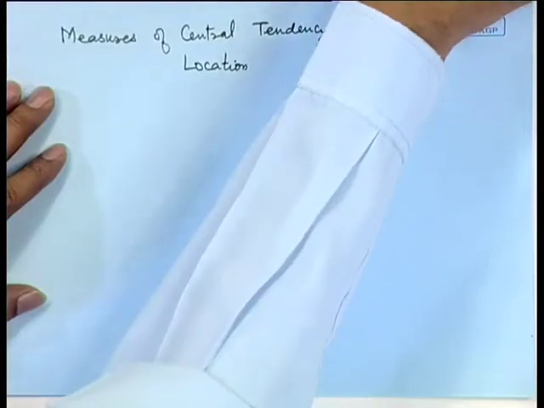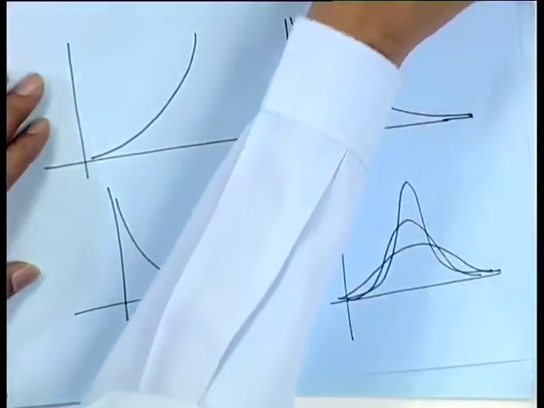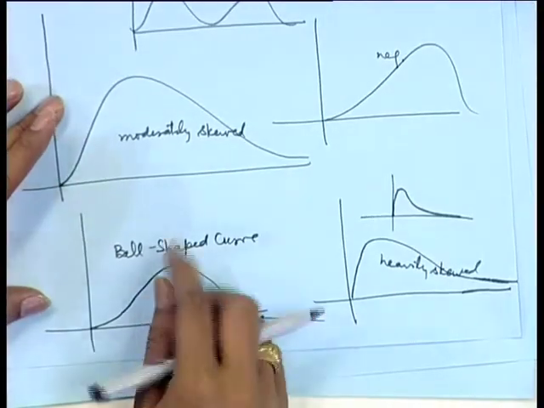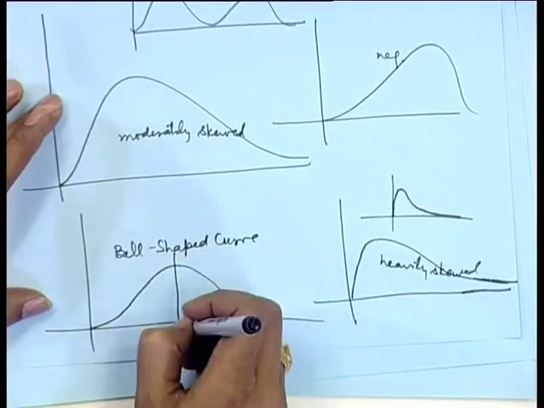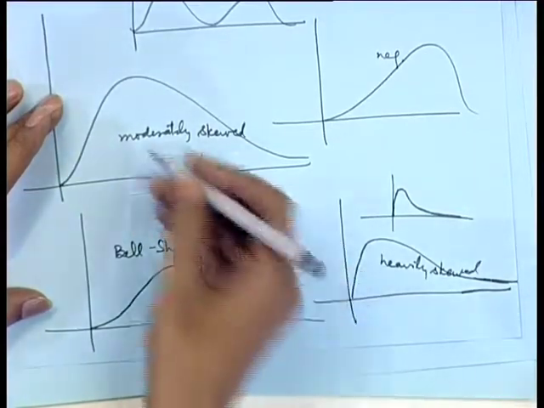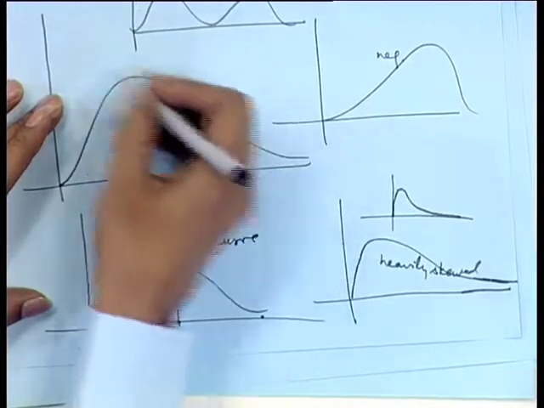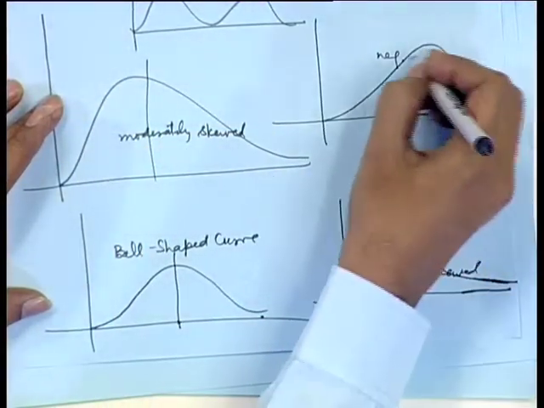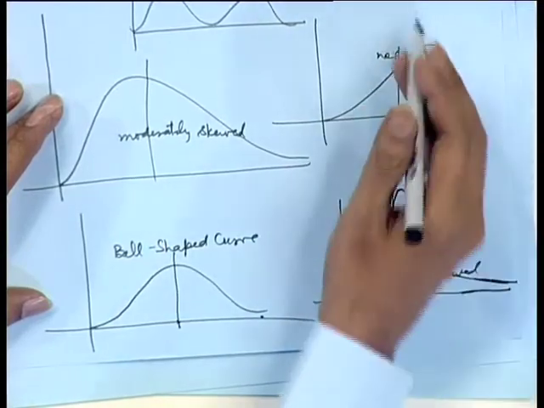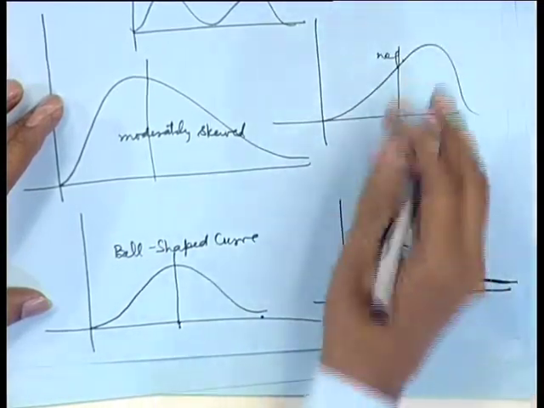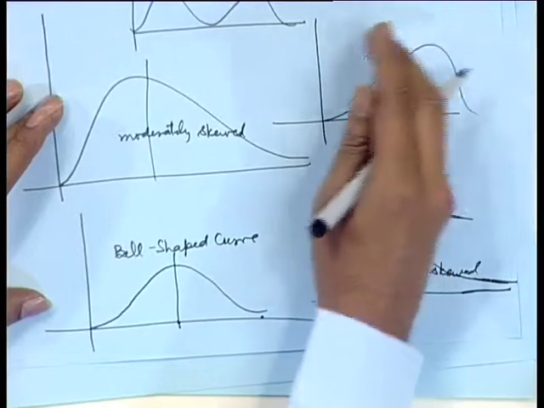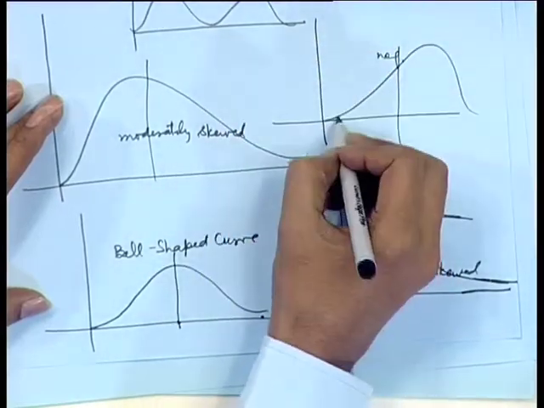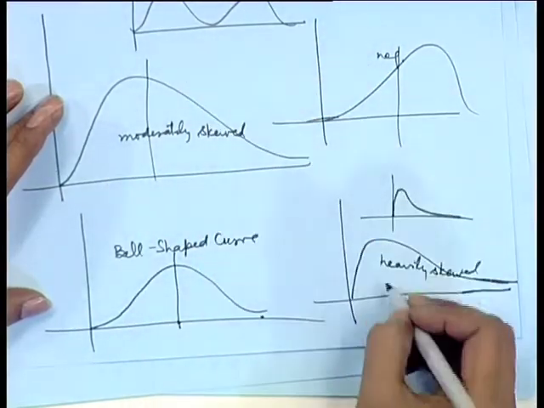Most of the data is concentrated about the center. Here the center may be a little bit shifted, a little bit to one side where there are more values, because of the heavy weightage given to it, but there may be a long tail to the left and so on.